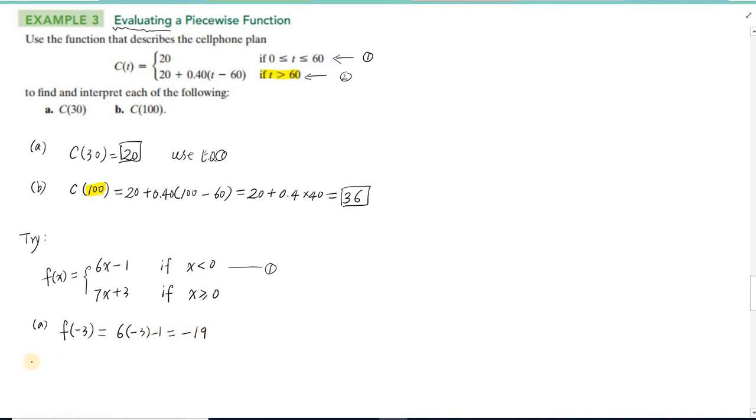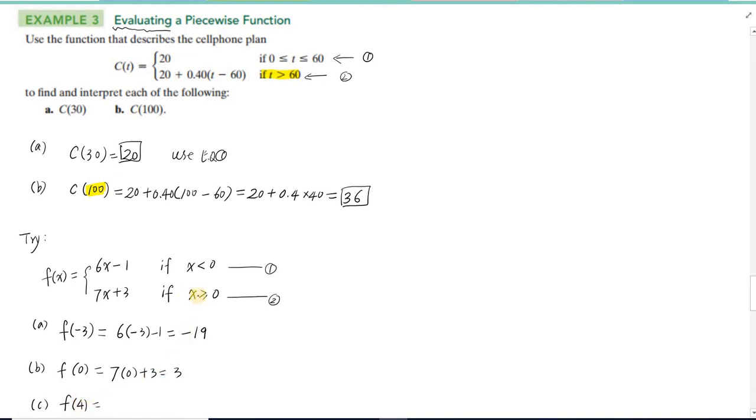Then let's try another one. If we need to evaluate f of 0, we see which one satisfies our condition. In this case, x is 0, which means we have to use the second equation. So I plug in 0 to 7 times 0 plus 3, which gives us 3. In part C, let's evaluate f of 4.